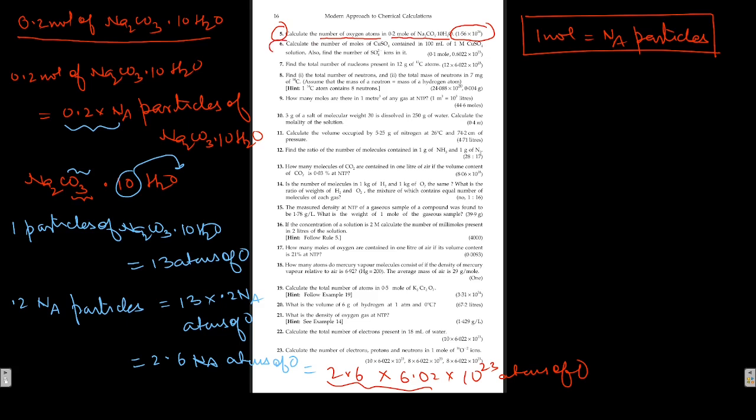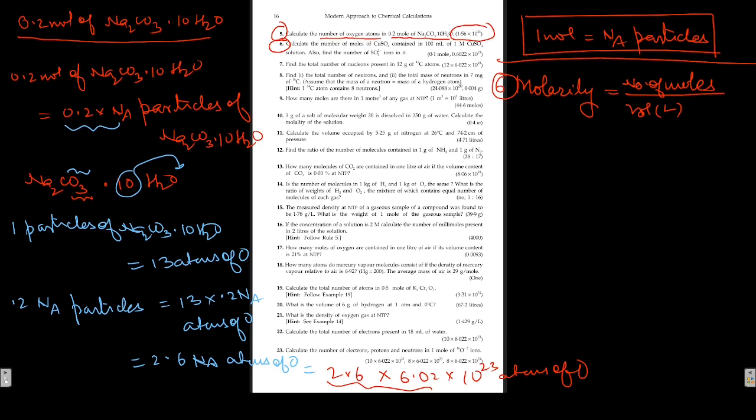After this, question number 6 is given. Although I didn't give you any idea of molarity, here in this question molarity is given. Molarity is nothing but number of moles upon volume in terms of liter.